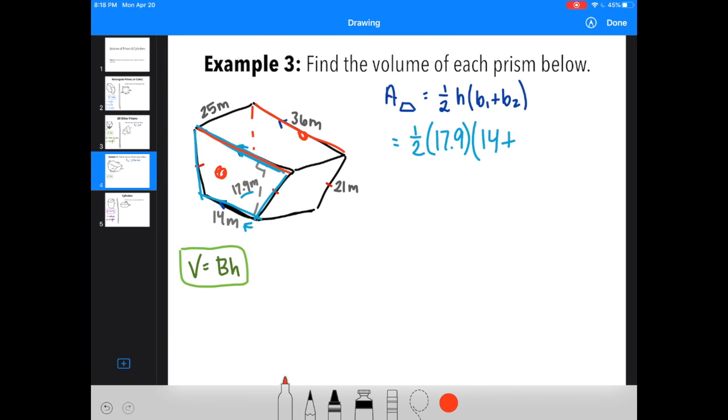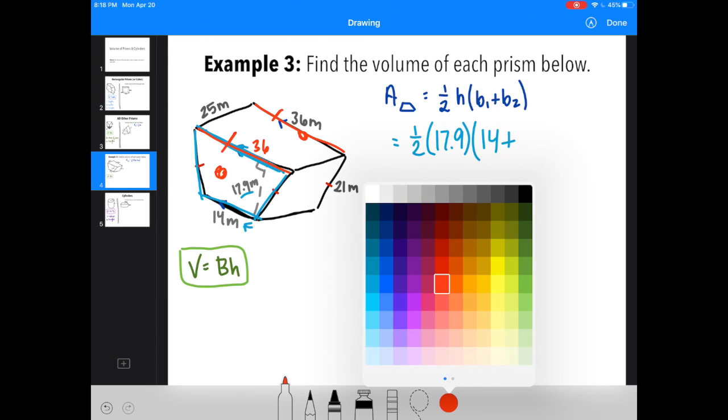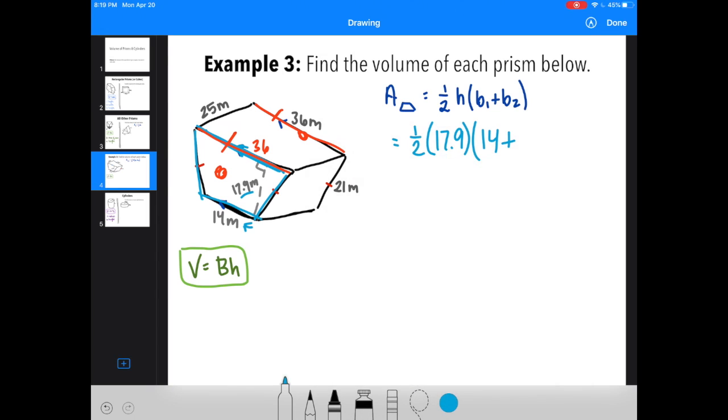Because if this is my main face, my face is identical back here. So these two segments are congruent. Because volume is when you find the area of that face and you multiply it by that height, because that face is stacked up on each other to create this prism.